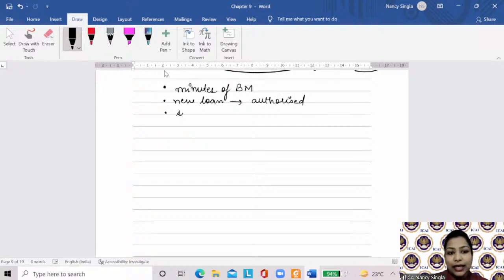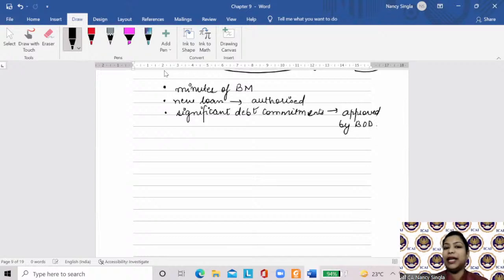And any significant debt commitments should be approved by the board of directors. What can be the debt commitments? Like the interest rate, the repayments, the redemption in case of debentures.